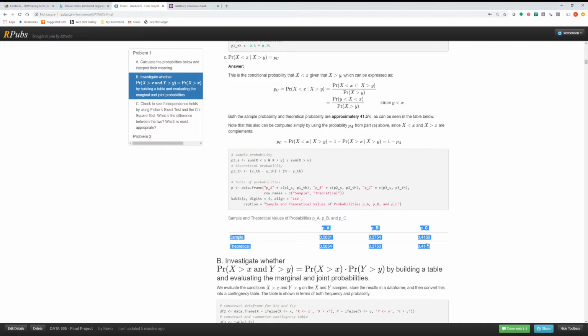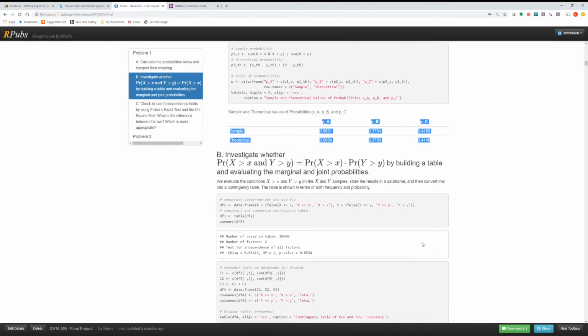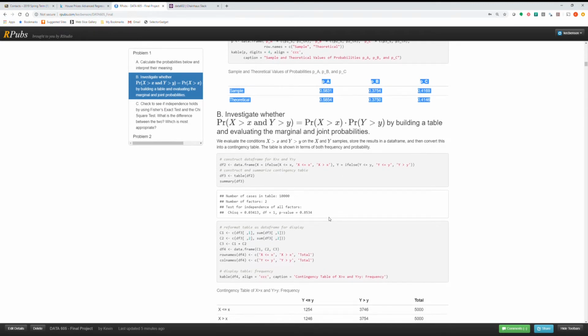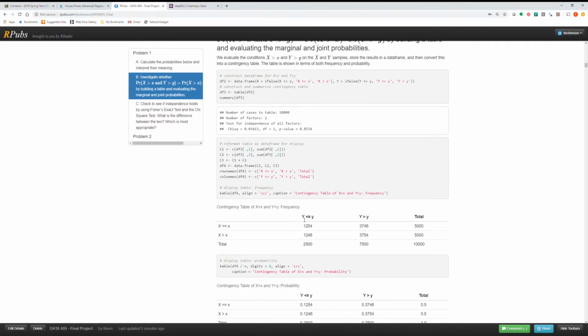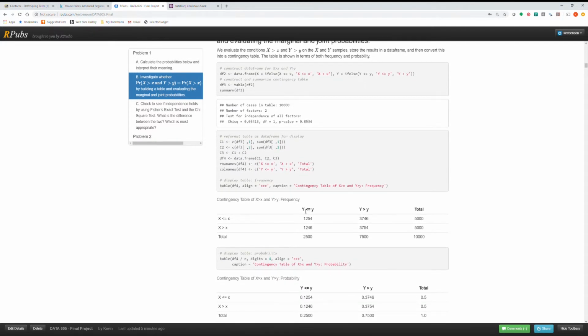The next part, part B, we're asked to investigate whether the joint probabilities equal the product of the individual probabilities. In other words, to see whether x and y are independent. So we do that by creating a contingency table, which is what we see here.